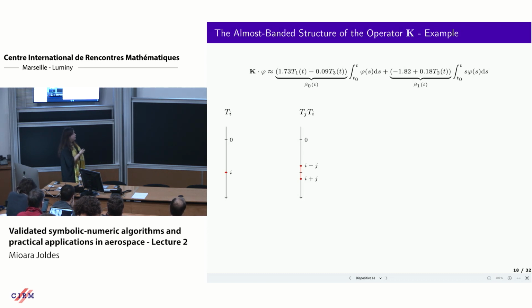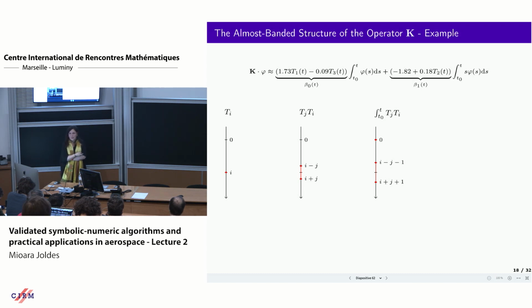Here you have two of them, and then when you have integration, it will impact the i plus j minus 1 and i minus j minus 1 coefficients. So it's analogous to Taylor, but based on what it means to multiply two Chebyshev polynomials or to integrate one.